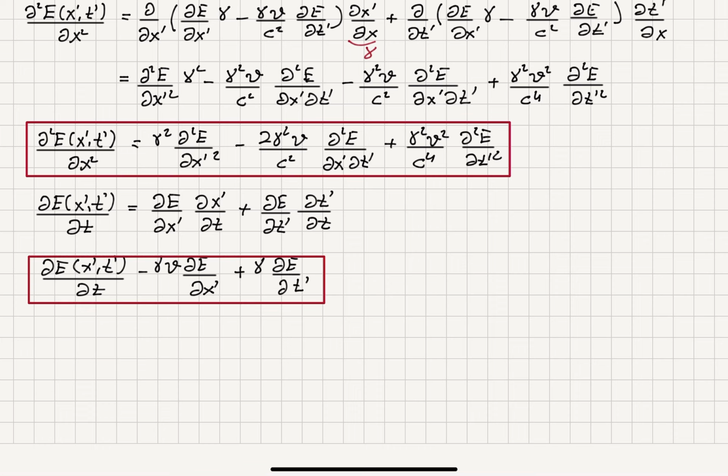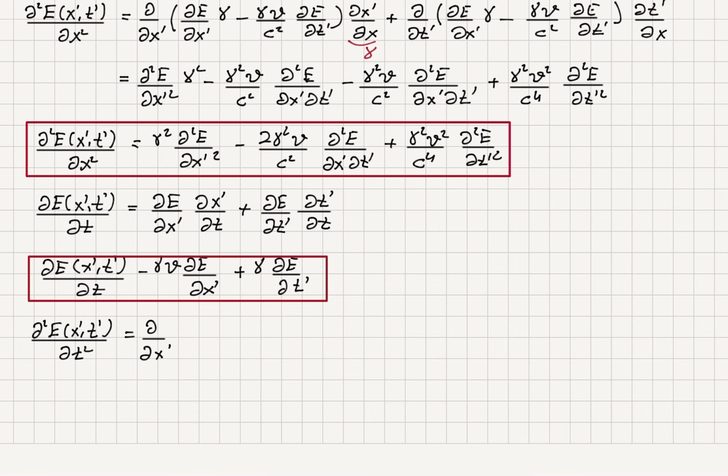Now I have the first time derivative. Let's move on to the second time derivative, ∂²E(x',t')/∂t². This is first the derivative with respect to x' of ∂E/∂t.